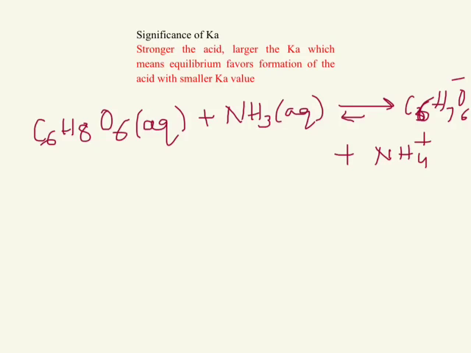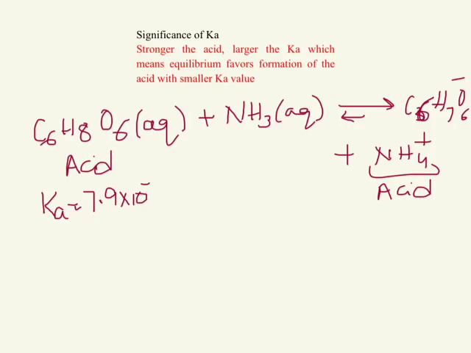Now label the acids and bases. On the left side this is an acid, on the right side this is an acid, which is a conjugate acid. The Ka value of this acid is 7.9 times 10 to the negative fifth, and the value of this acid is 5.6 times 10 to the negative 10th. Now which one is a larger value?